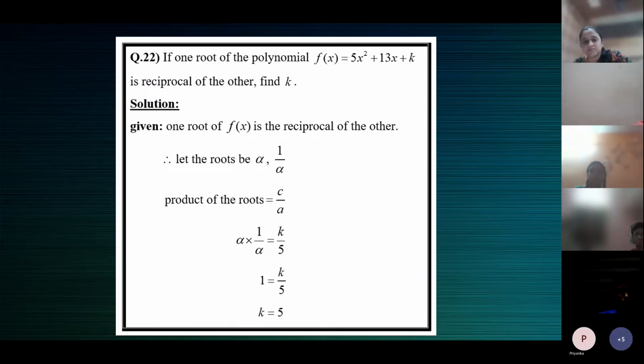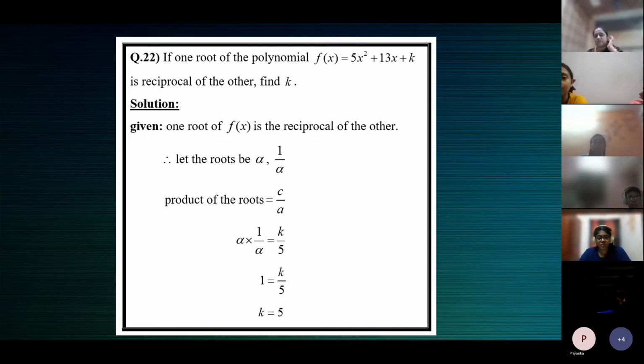Got it, children? Go through. One root is the reciprocal of the other. So let the roots, or let the zeros, be alpha and 1 by alpha. Product is c by a. Go through the slide.